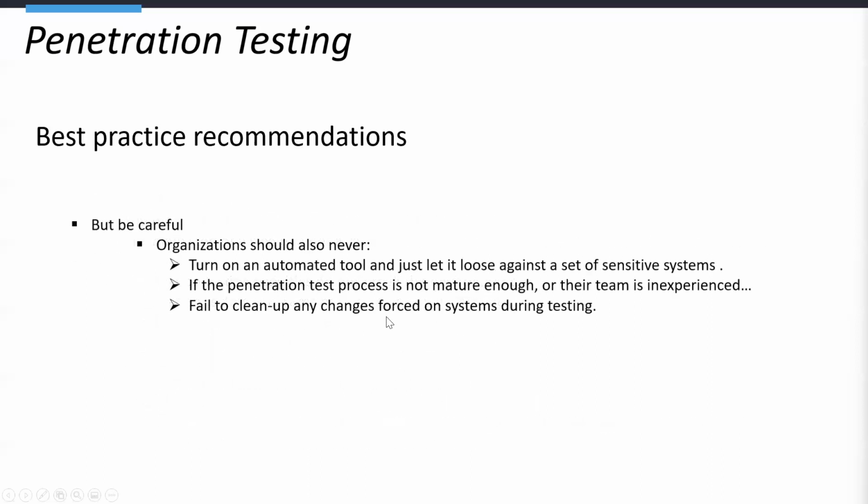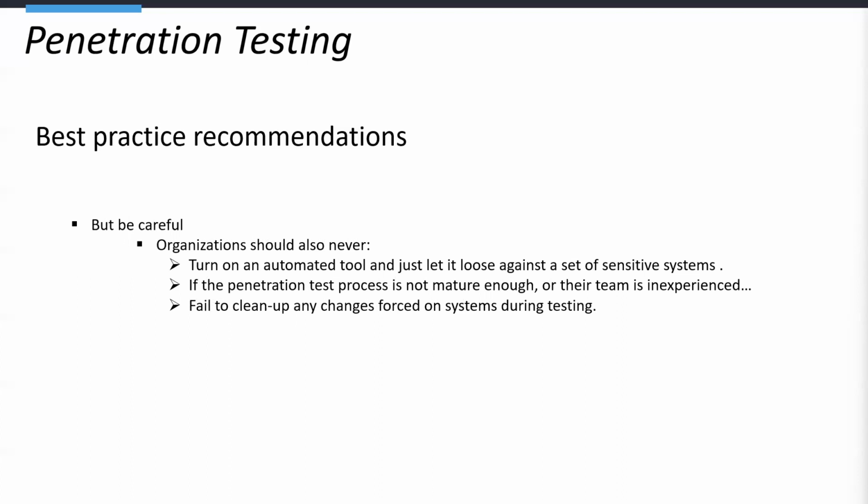Also, organizations should never turn on the automated tool and just let it loose against a set of sensitive systems, or unleash a team of penetration testers to conduct multi-vector attacks using multiple tools if their penetration testing process isn't mature enough, or their team is not experienced enough to properly manage the tools and associated manual techniques required.